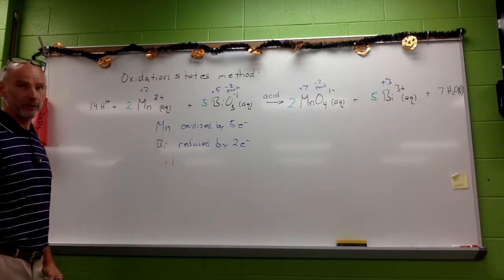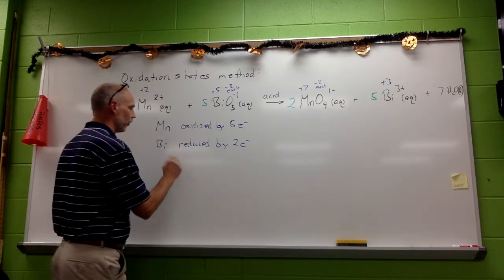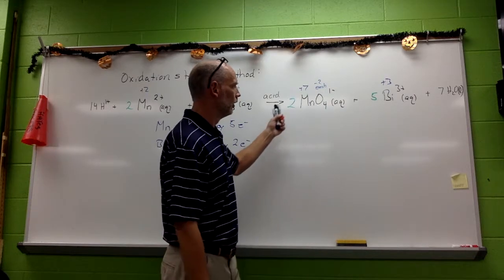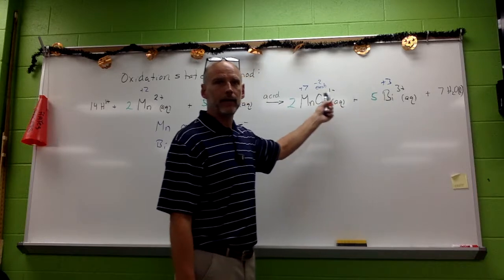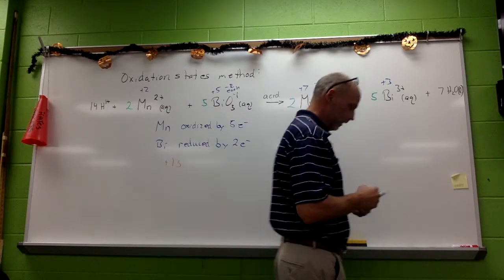Yeah, I messed up. 18. And then we have 5 negative charges, which is a plus 13. Over here we have 15 positives and 2 negatives, so a plus 13.